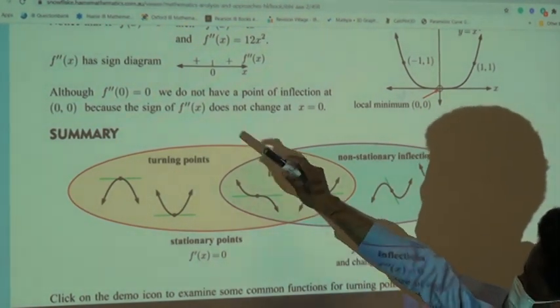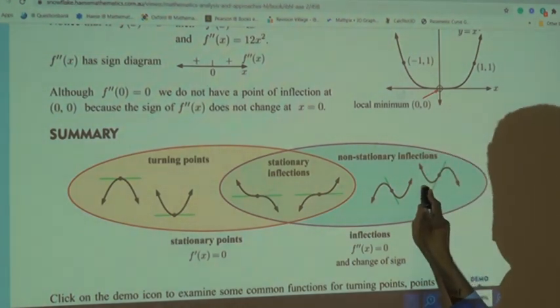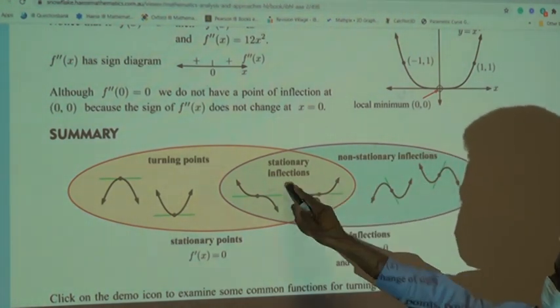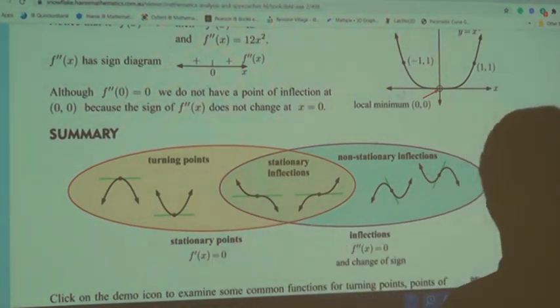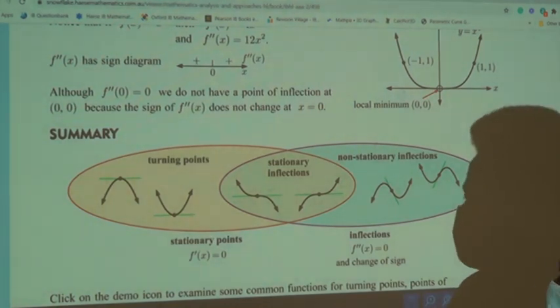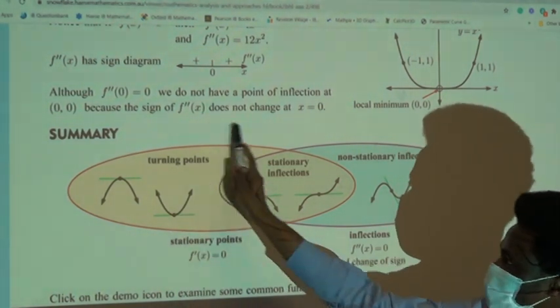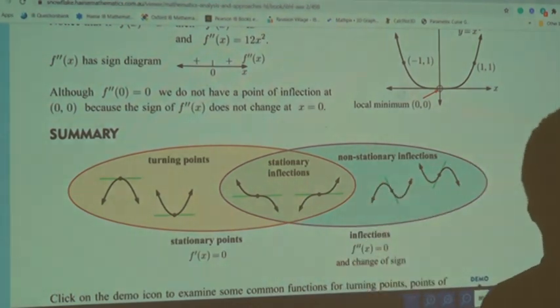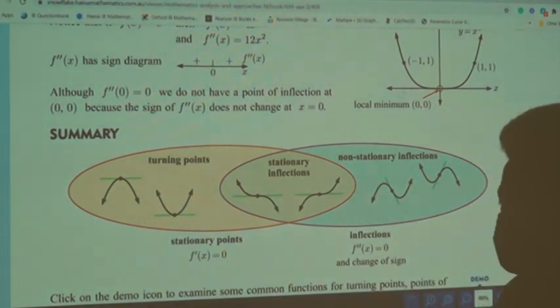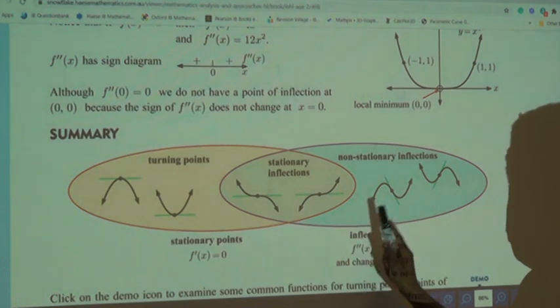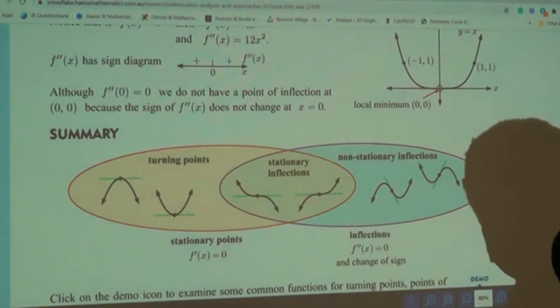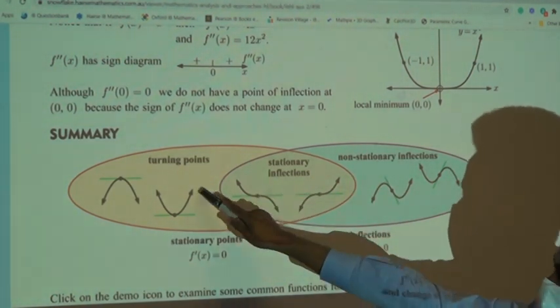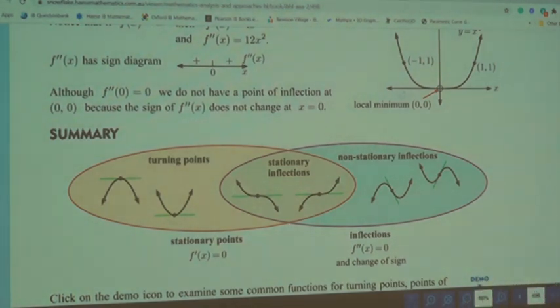In between are the turning points that are also points of inflection, so they are points of inflection that are called stationary points of inflection. Stationary points are turning points, including some points of inflection. Point of inflection, some are stationary, some are non-stationary. The stationary ones are the ones related to turning points.